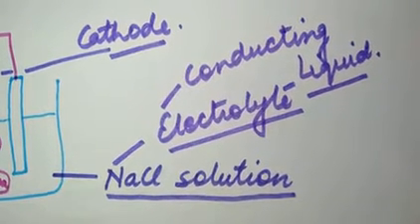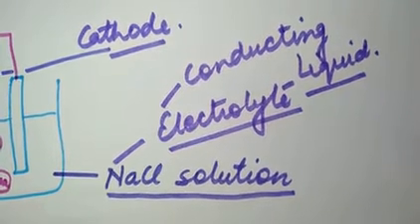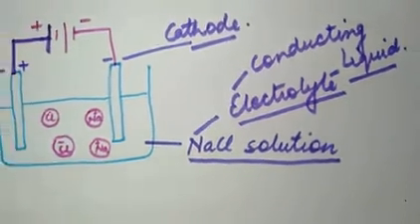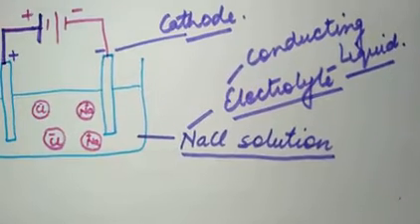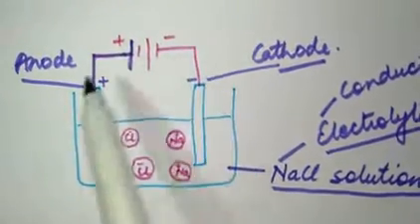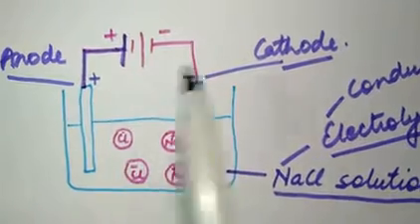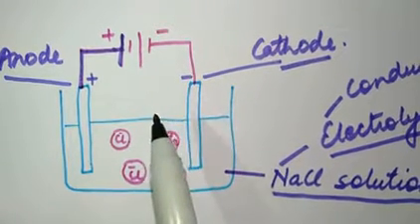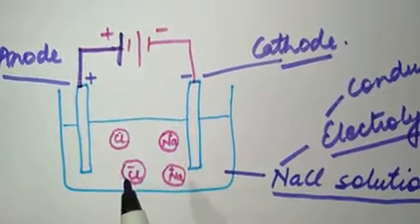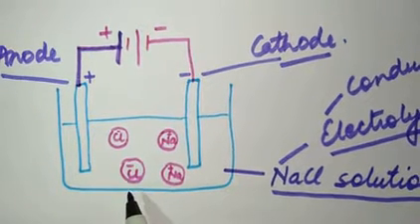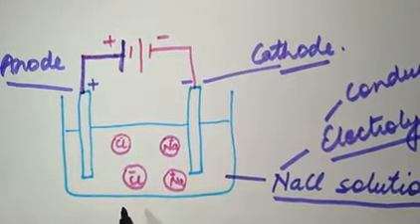When we dissolve NaCl in water, it is going to divide into its ions. When we connect it with a battery and this setup is on, the NaCl dissolved in water is going to dissociate into its ions.